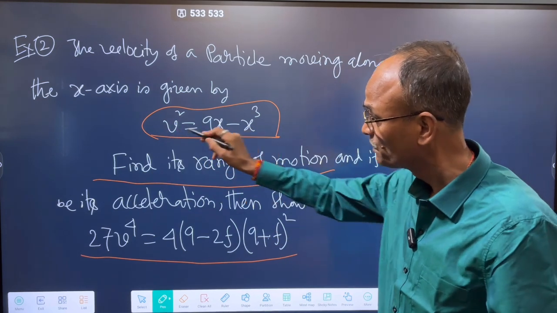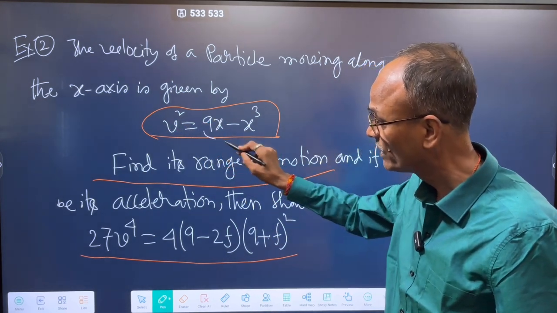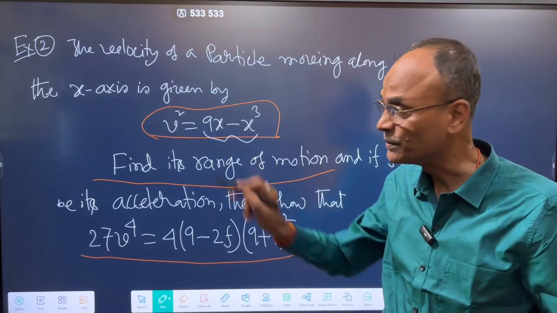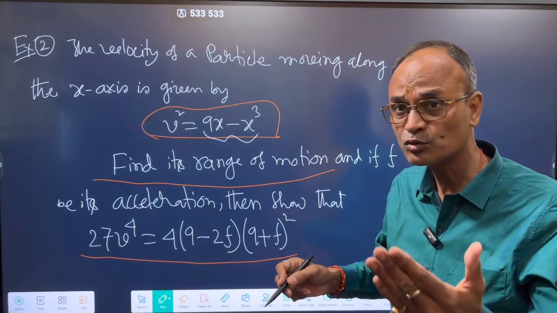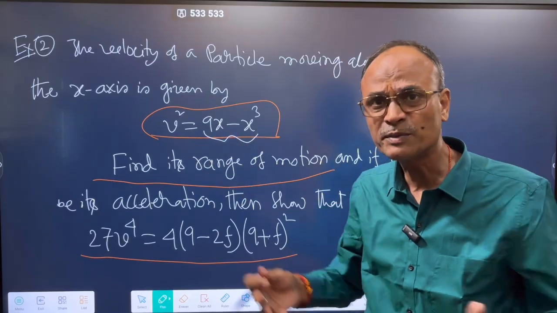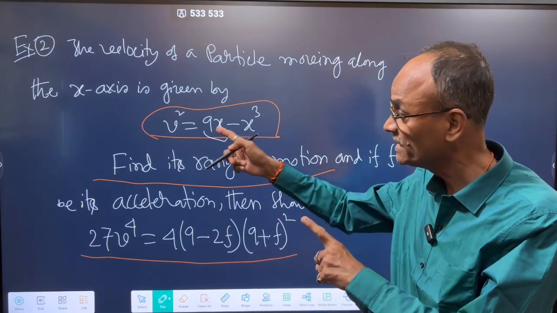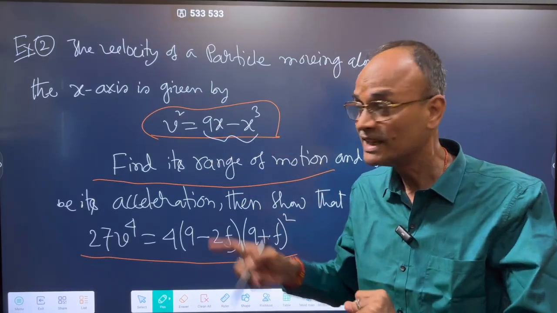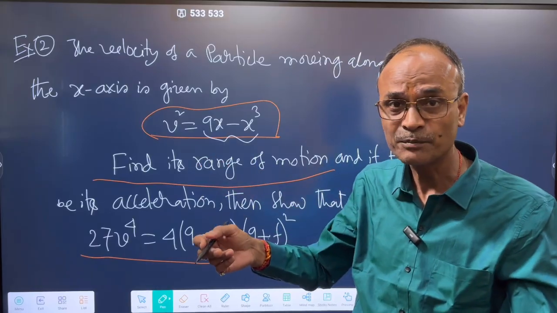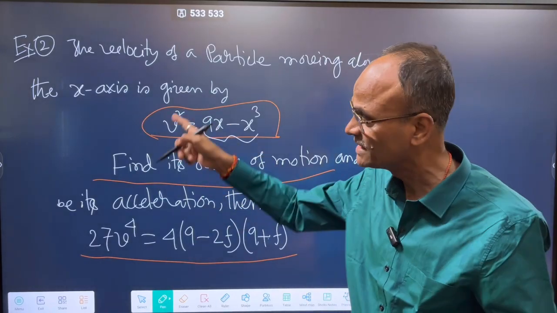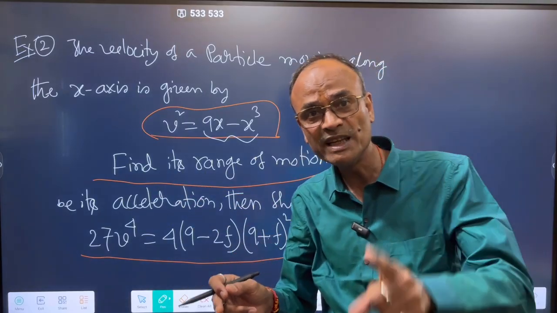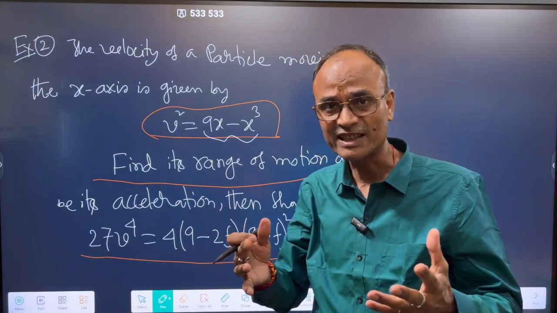V is given in terms of x, therefore you have to differentiate it with respect to x. If v were given in terms of t, you would differentiate with respect to t. Then dv by dt is acceleration, and v dv by dx is also acceleration.